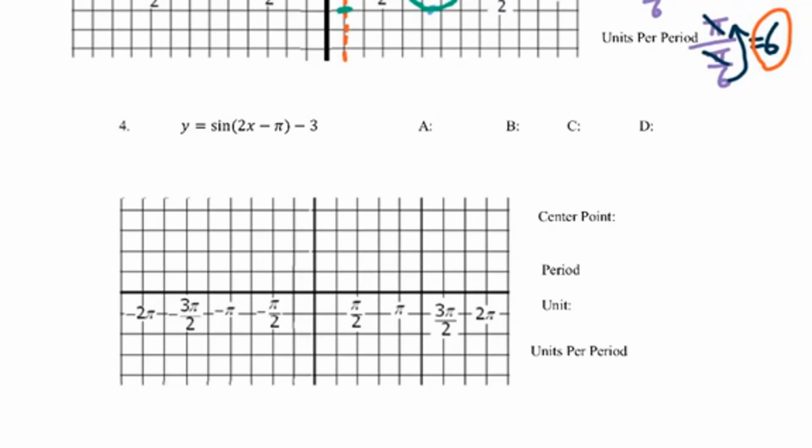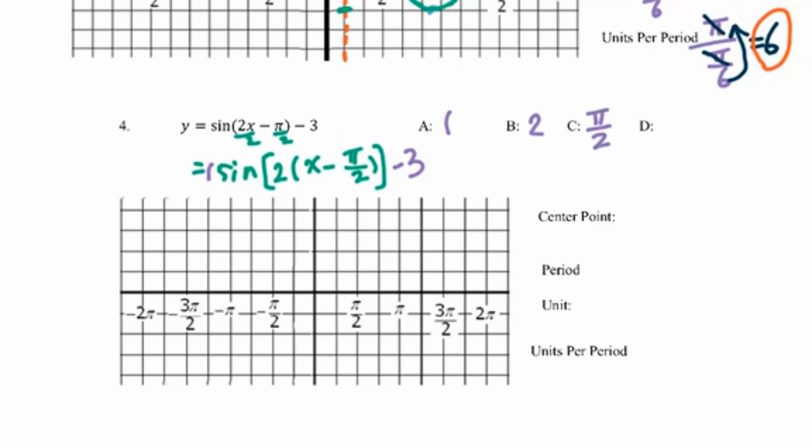Let's go to number 4. First of all, make sure this is a transformed form. So we got to do sine divided by 2. You got x minus pi over 2. Then minus 3. So A will be 1. B is 2. C, that's pi over 2, opposite. Then D is negative 3.